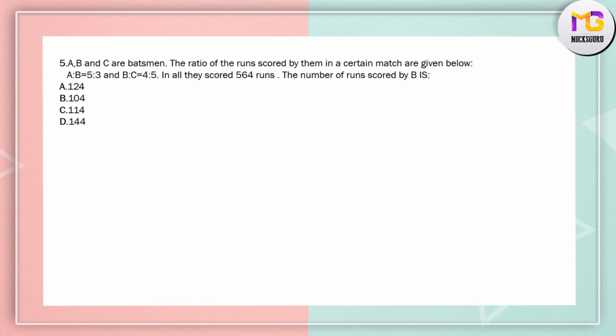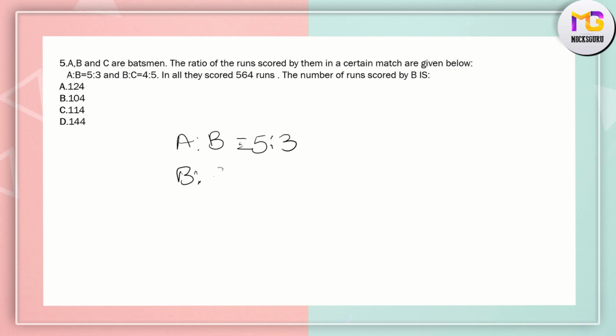Next question. A, B and C are batsmen. The ratio of runs scored by them in a certain match are given below. A is to B is equal to 5:3, B is to C is equal to 4:5. In all they scored 564 runs. The number of runs scored by B is? First, A is to B is equal to 5:3.